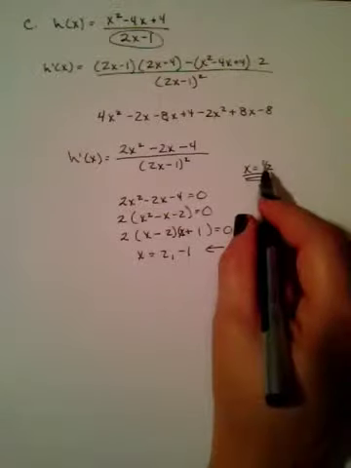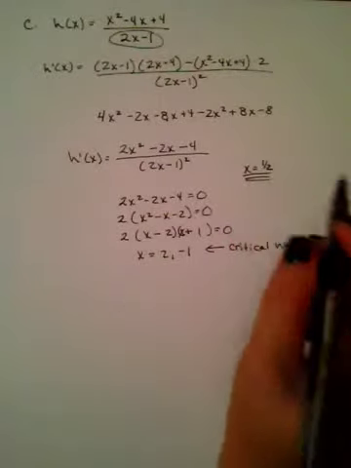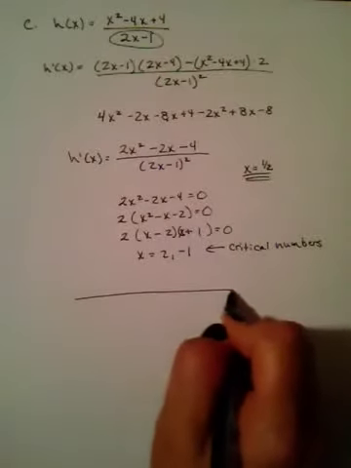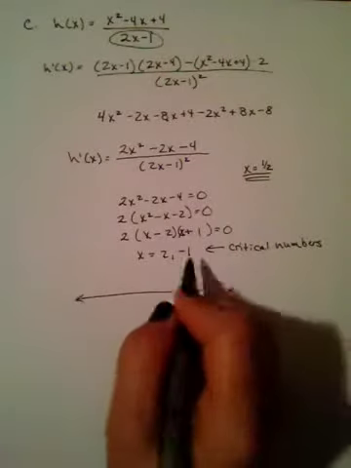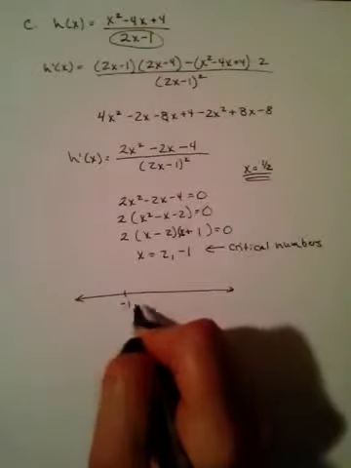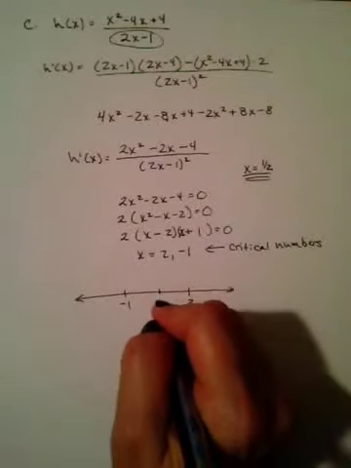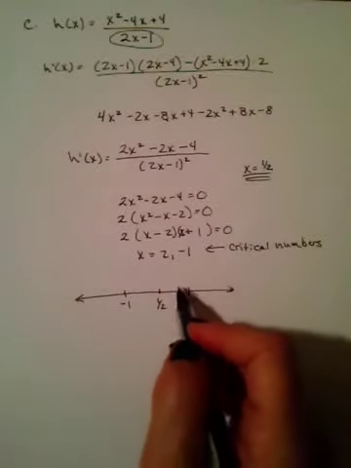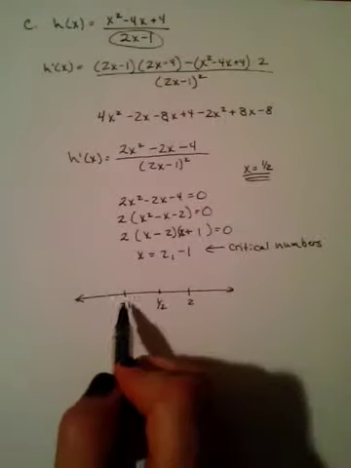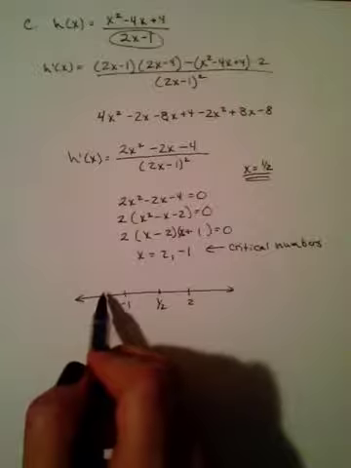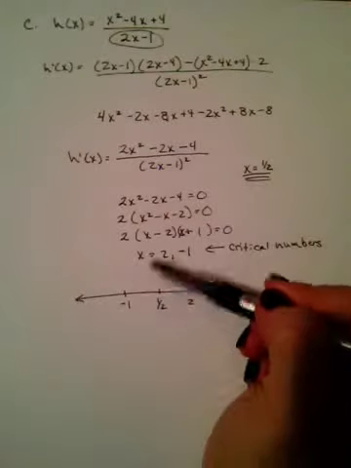The x equals 1/2 is just something I need to be aware of, and I am going to use it in my number line. So important numbers are negative 1 and 2, and I'm going to put the 1/2 on because my function is not defined there and neither is my derivative. So to check the signs of this, I'm going to be actually plugging into my derivative.